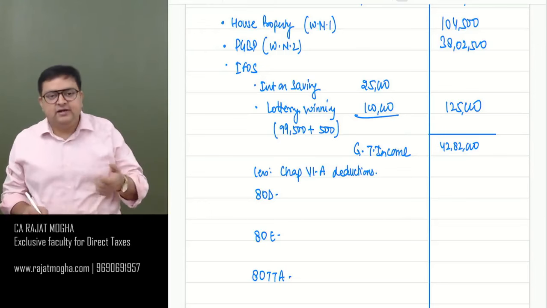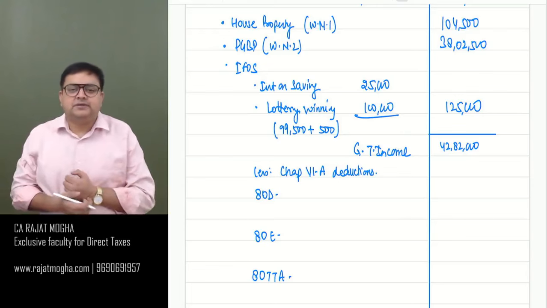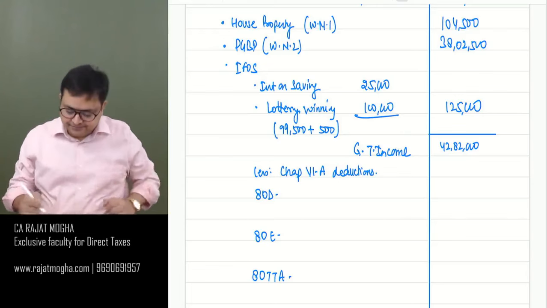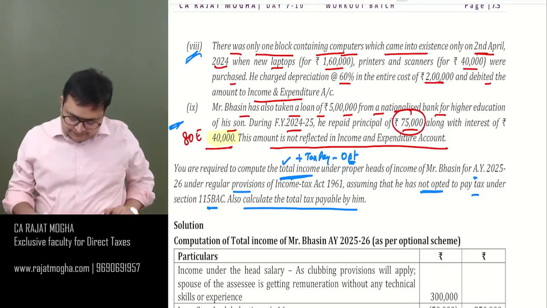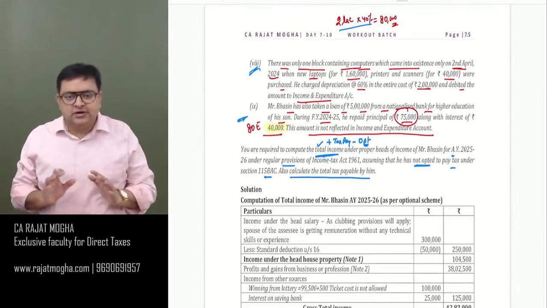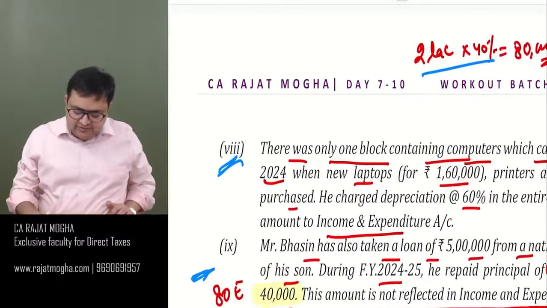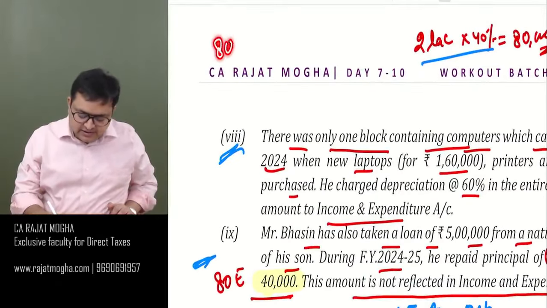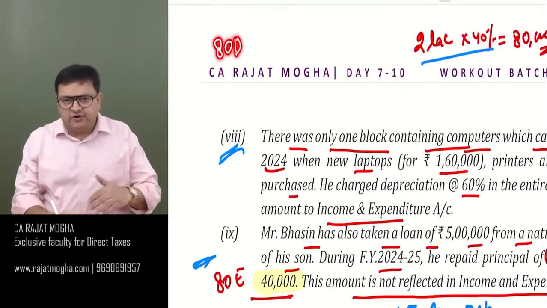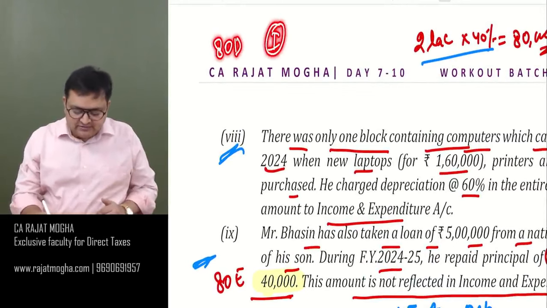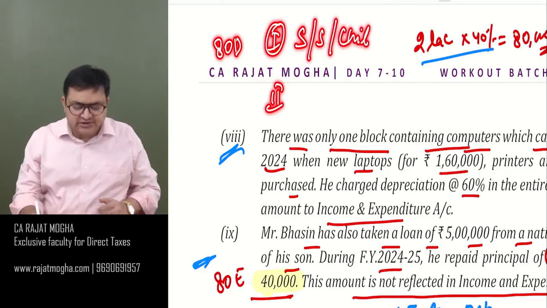80D. So 80D was related to our health insurance premium. See, this person, if you remember, health insurance premium 80D is allowed only in the optional regime, and we are following optional. There are two categories: for self, spouse, and children, children should be dependent over here.